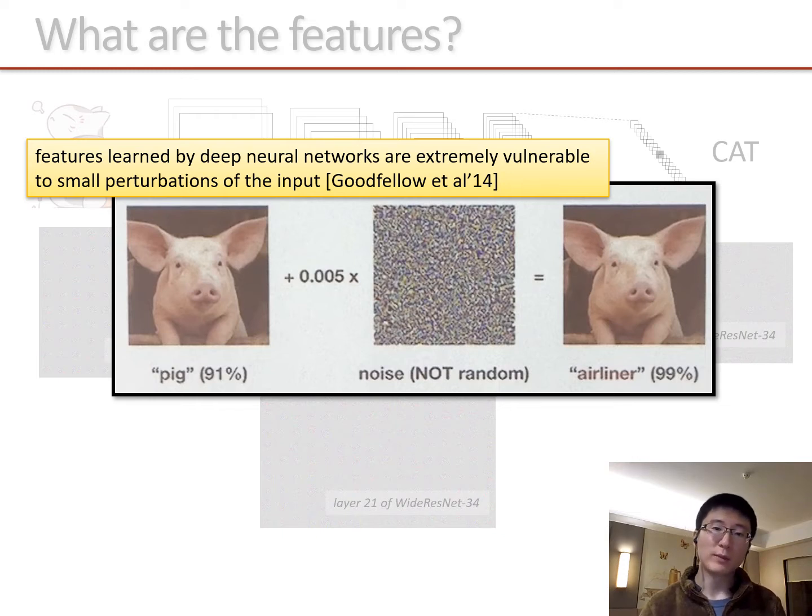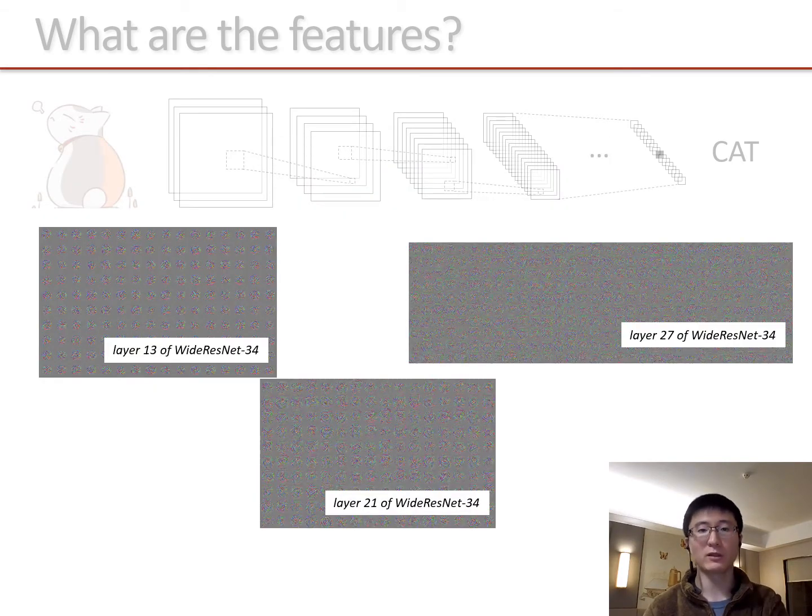Okay? And the fundamental reason for why such adversarial directions exist, if you think about it, is precisely because the neurons are not learning what we want them to learn. They're learning something that looks like noise. For such reason, if you perturb a true image in the direction of the noise direction sitting on this slide, then it's going to change the output of the neural network.